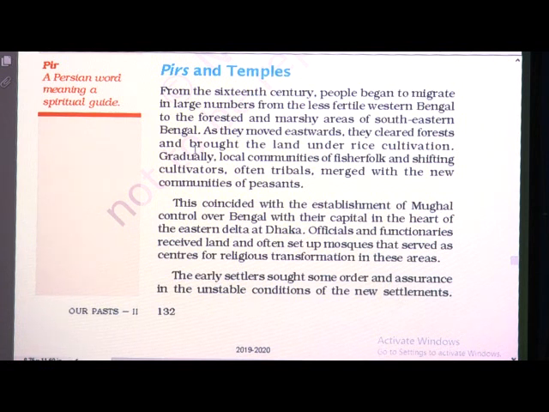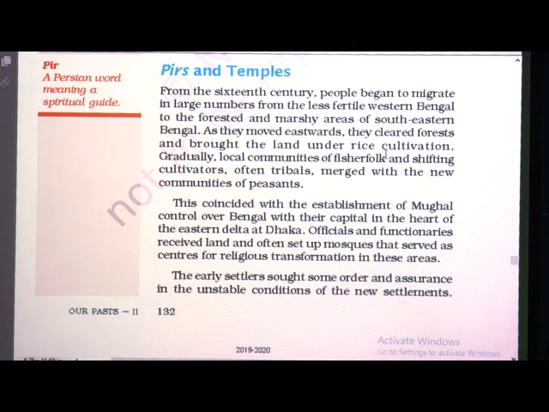So now from the 16th century people started to migrate in large numbers from where there is less fertility, and they shifted to forested and marshy areas of southeastern Bengal. As they moved eastwards, they cleared forests and brought the land under rice cultivation.